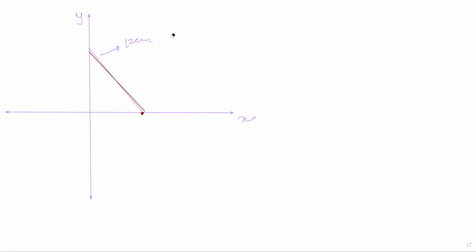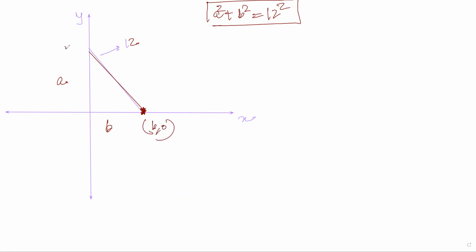First we had a rod which was 12 centimetres. Let's call this A and this B. So a square plus b square is equal to 12 square. That is one equation we already have. This point can be called b, 0, and this can be called 0, a.